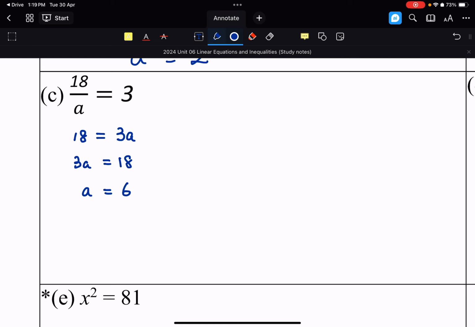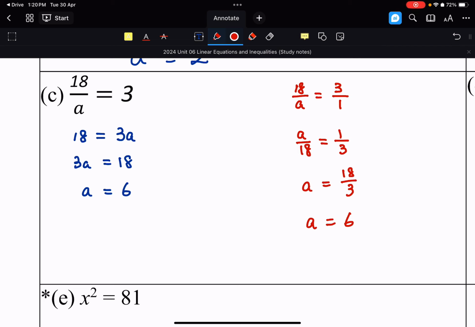Alternatively, we can also work it out in this manner. We have 18 over a equals 3 over 1. That means a over 18 is actually 1 over 3. Therefore, a is 18 over 3, which results in 6.